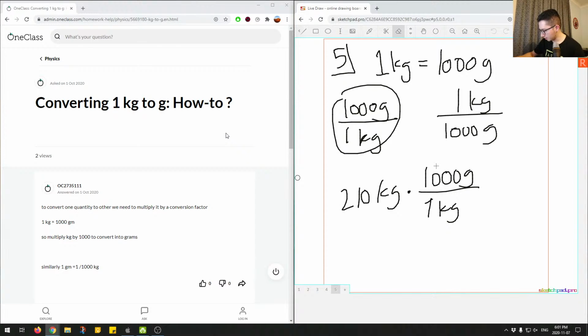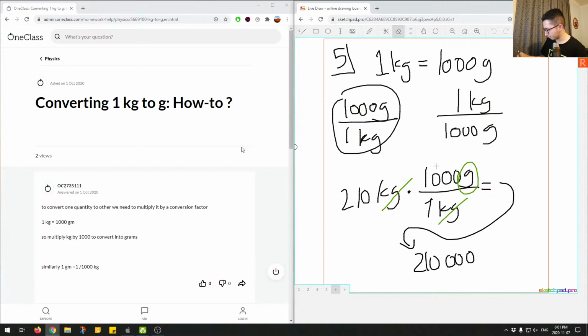And we can see that the kilograms cancel out, and we're left with just the grams. So 210 times 1,000 is 210,000 grams. That's how you do that calculation.